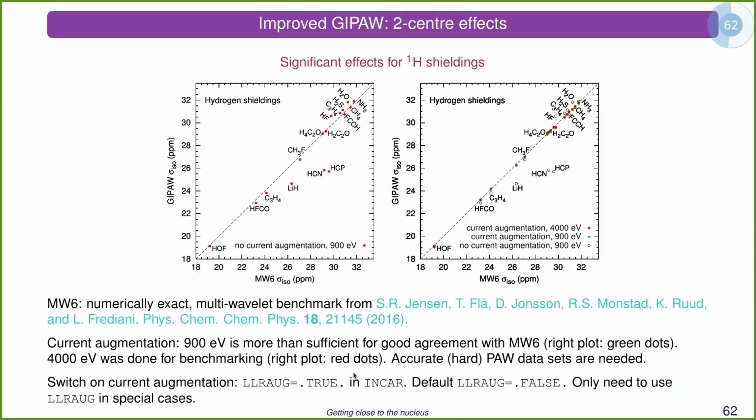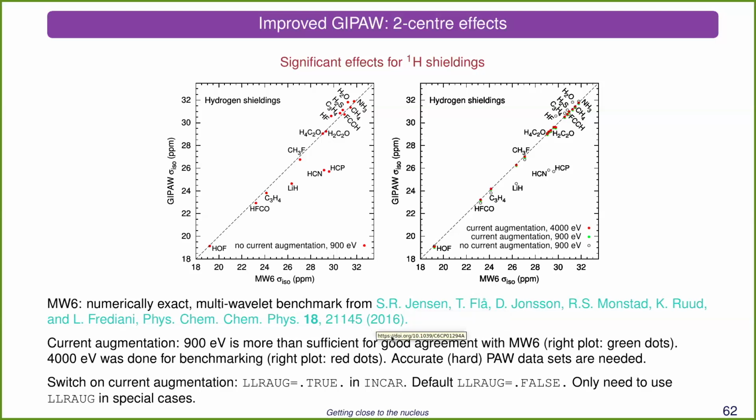And you see here the effect for hydrogen. So this MW6 multi-wavelet at some certain level from this paper is over here for all these funny little organic molecules at the top of the periodic table.